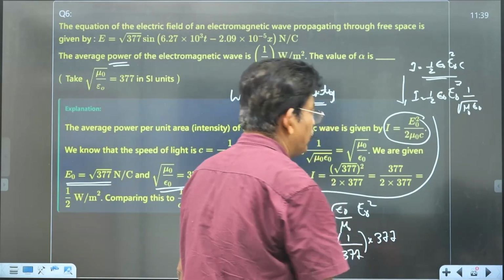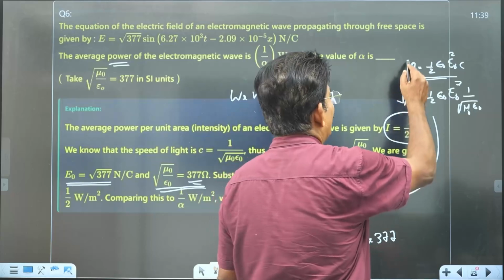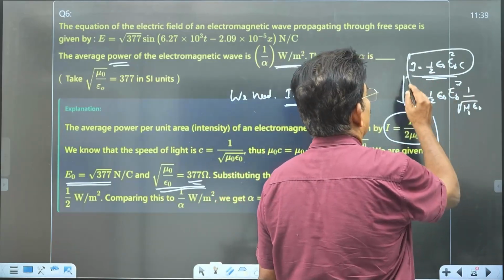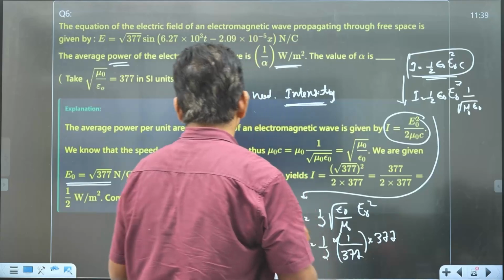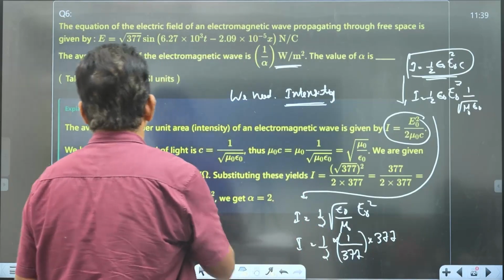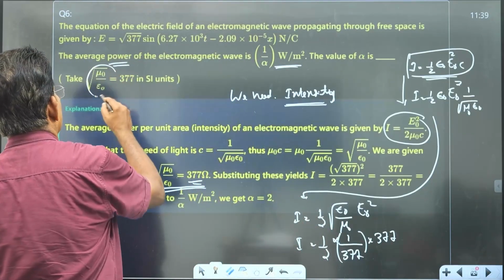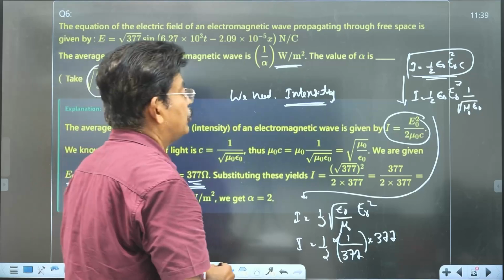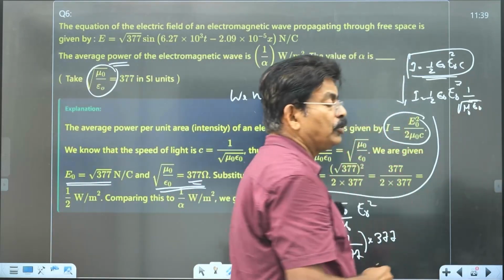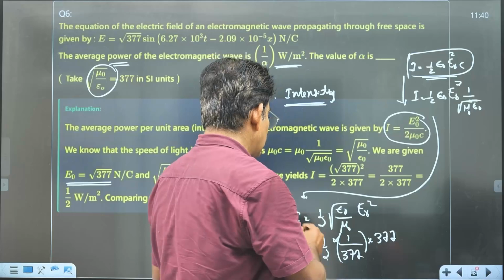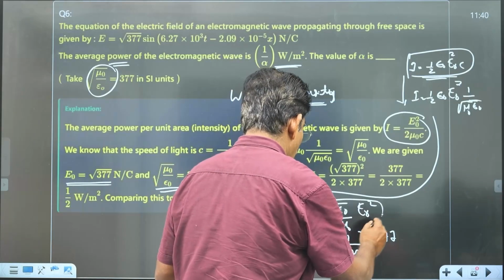So this is the easiest way of calculating. Simple. Start from the basic formula, intensity. Now I replace C by root of mu 0 epsilon 0, because it is given in your question paper that we have to make use of the information root of mu 0 by epsilon 0. Now the equation comes to be in this form.